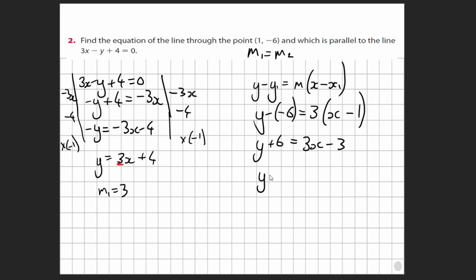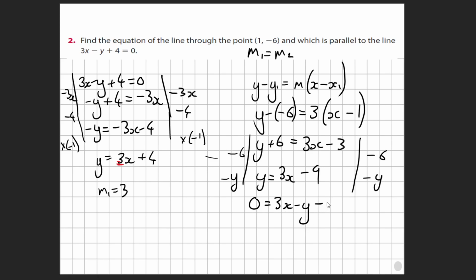I'm actually going to start off by moving values over to the right hand side. I'm going to take away 6 from both sides of the equation, and I'll get y equals 3x minus 9. Take away y from both sides of the equation, and 0 equals 3x minus y, take away 9. From that we'll get 3x minus y minus 9 equals 0. And you've got a final answer there.